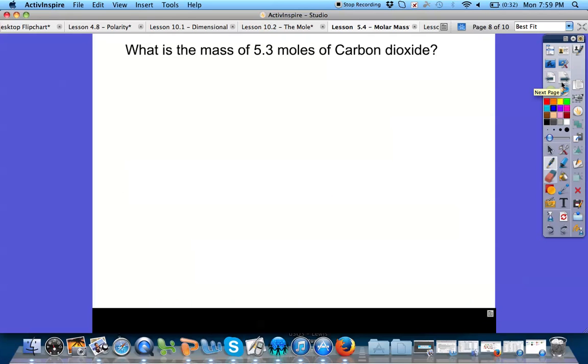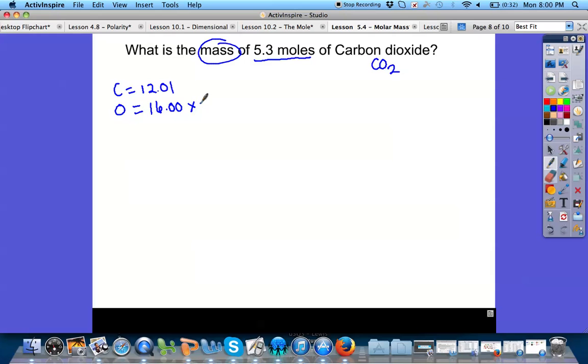So, taking mass to moles, we have 5.3 moles of carbon dioxide. We want the mass. Anytime you see asking for the mass or you are given mass, you have to find the molar mass. So carbon dioxide is CO2. We have 12.01 and 16.